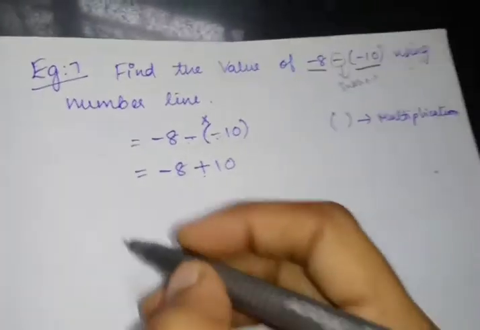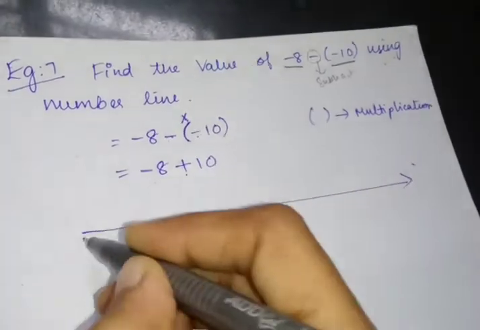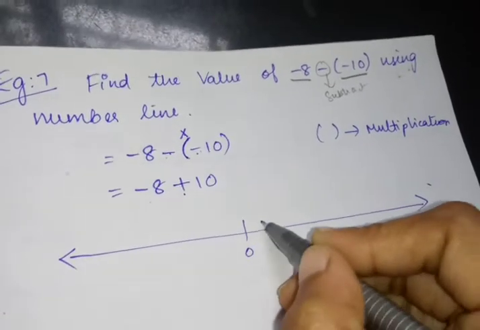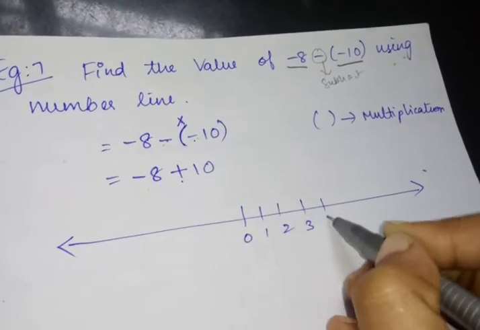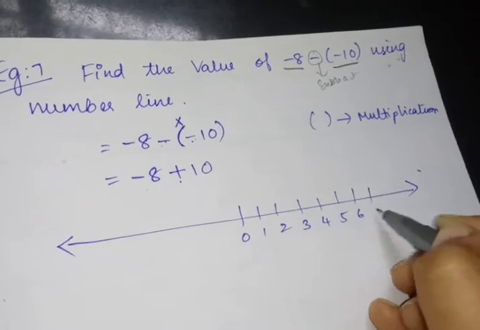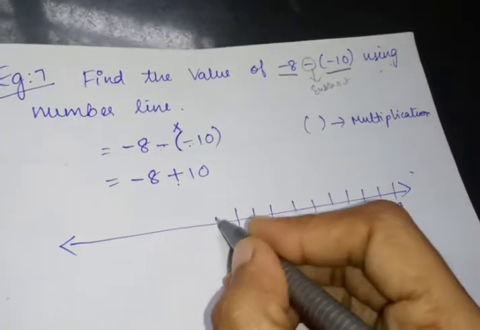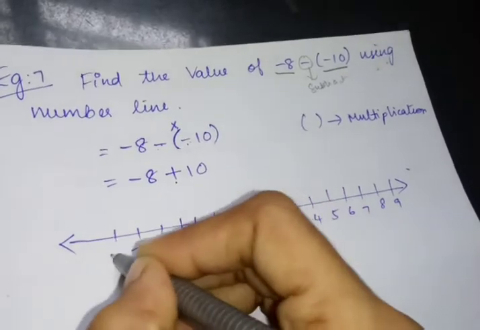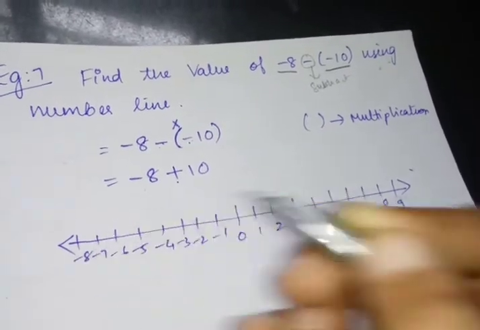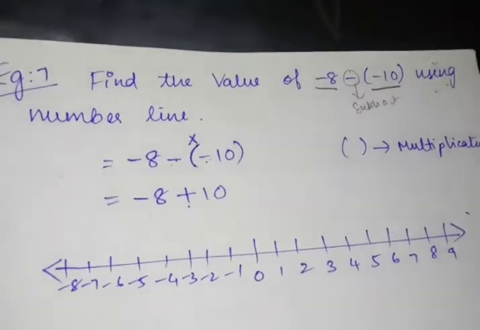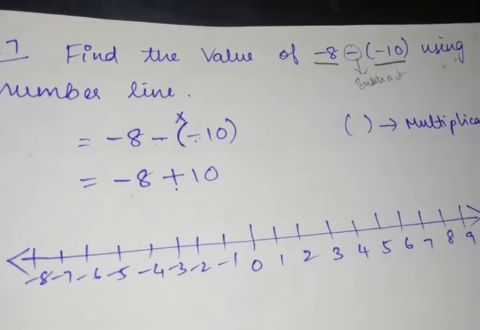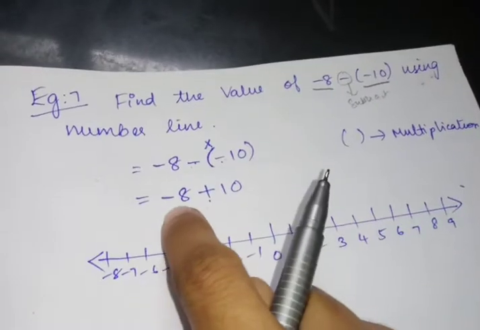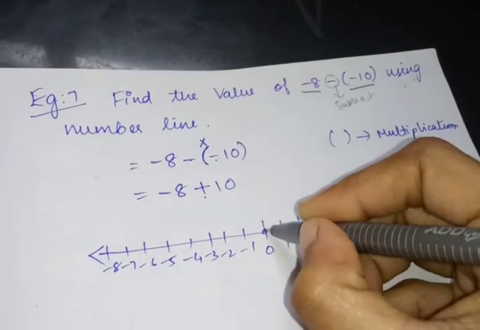So now it will be easy for us to do the calculation. I am just drawing the number line, children. Now we have to find the value of this by using the number line. First, what integer is given? Minus 8. So first you will be at 0.